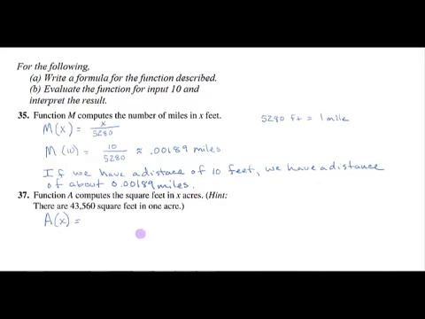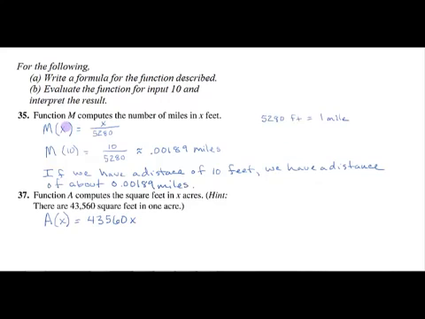If we have 1 acre, then how many square feet do we have? Of course, 43,560. If we have 2 acres, then we have double that. So our formula is simply going to be 43,560 times our input X. However many acres we have, we multiply it by 43,560 to get the number of square feet.